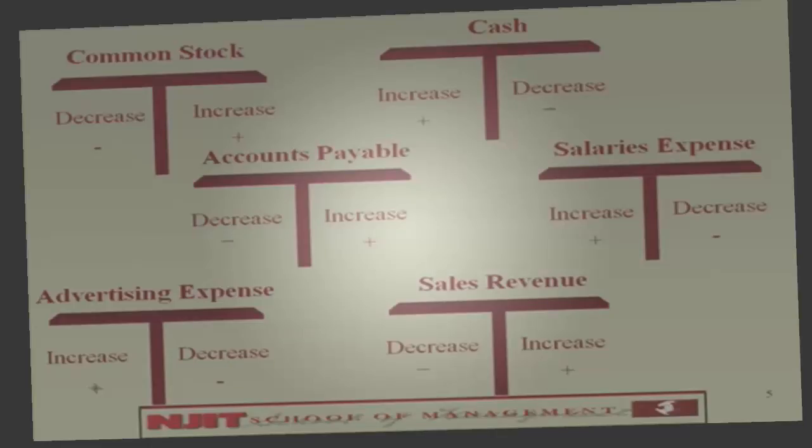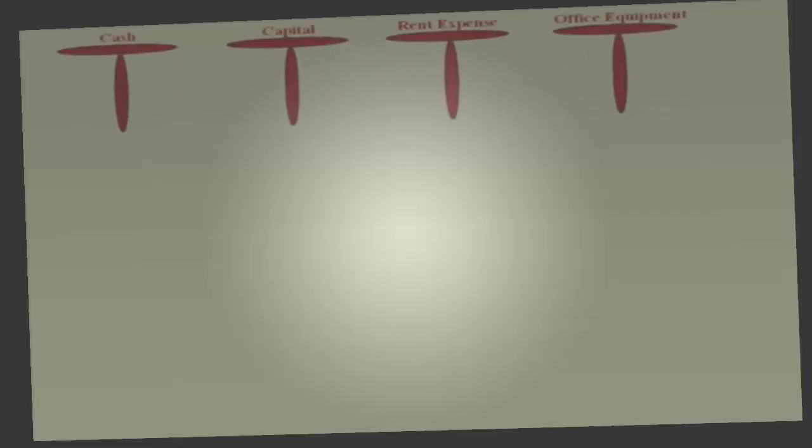Are you ready? Do a little exercise for me initially. Look at the screen in front of you. I want you to open T accounts for cash, capital, rent expense, and office equipment. Then, I want you to do the following.